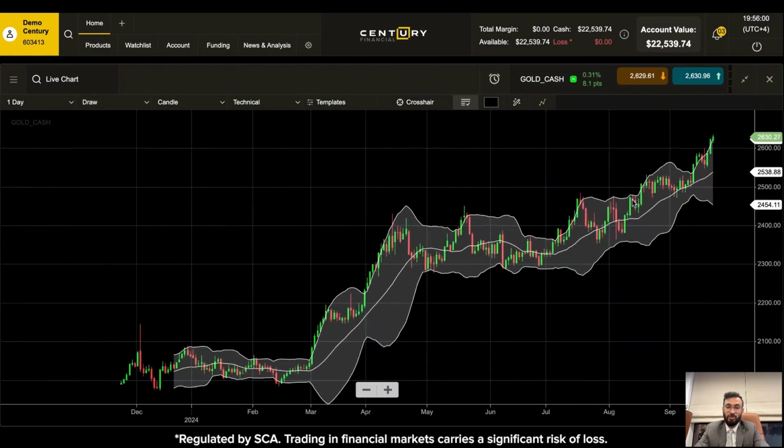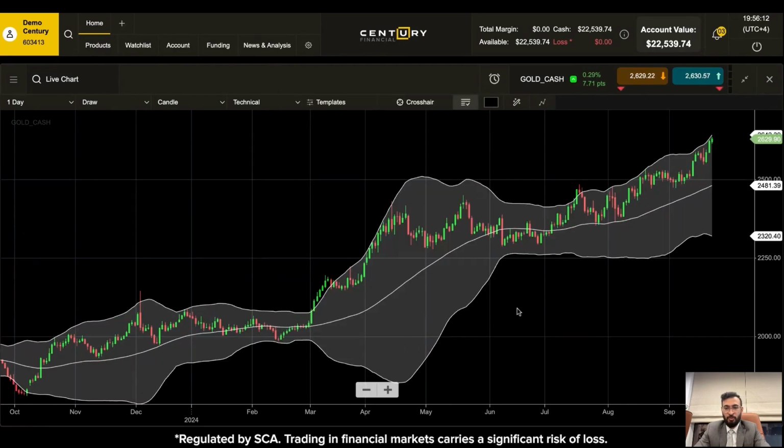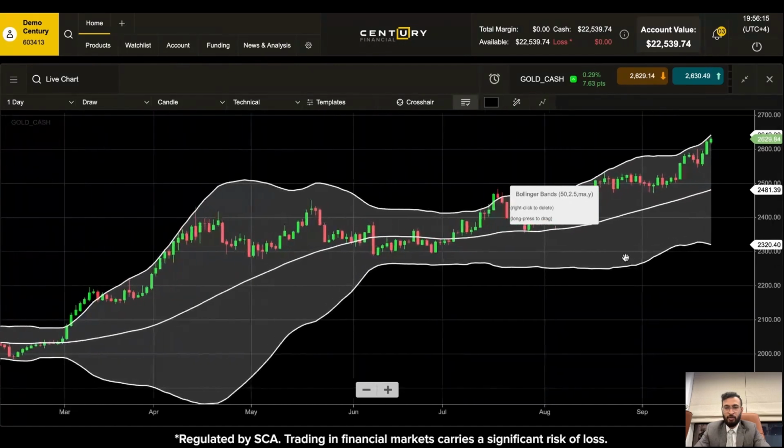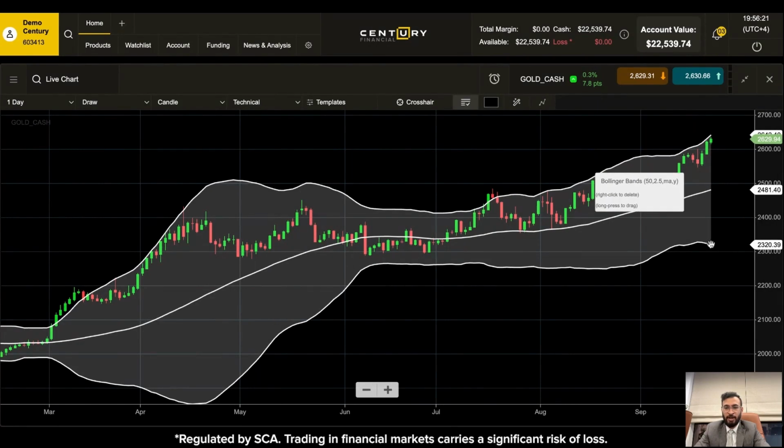Because I'm looking at a long-term chart, I must edit this, make it a 50-day moving average, and let's say 2.5 standard deviations. So I get more bandwidth. And look at this now. It's very close, right? A probable short selling over here, a buying at 2480, or below that, a buying at 2320.